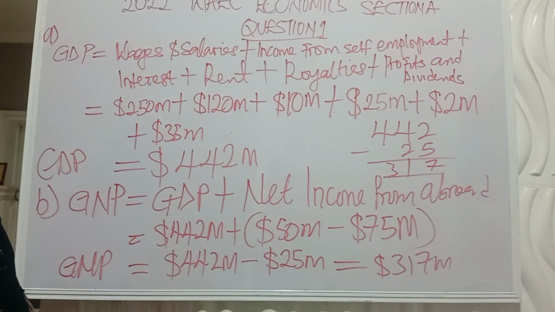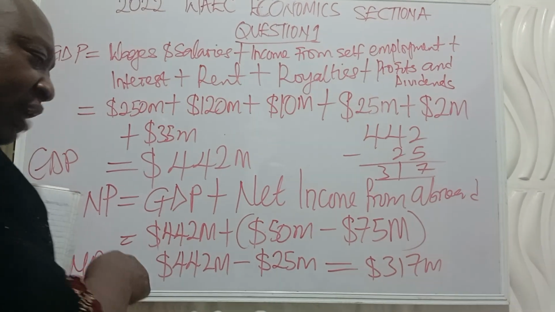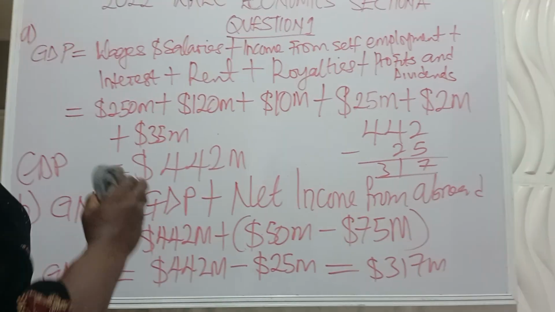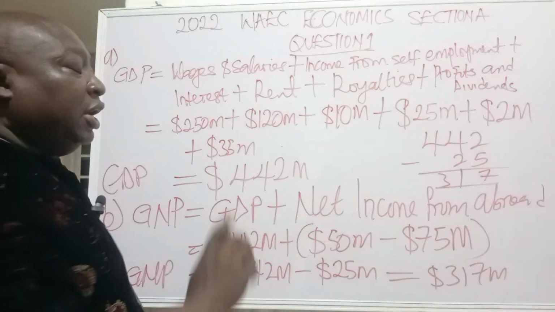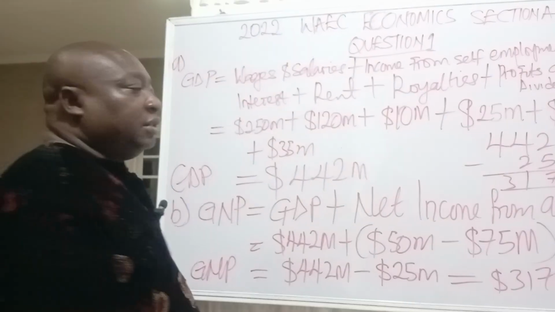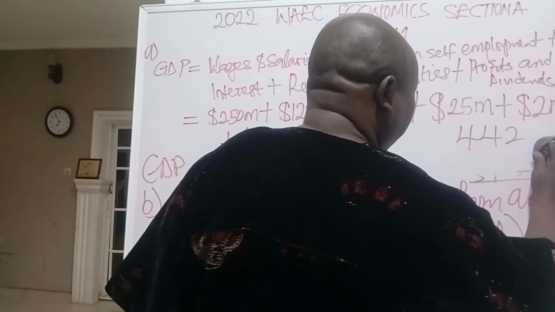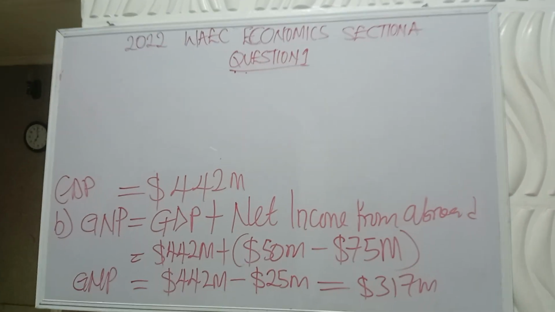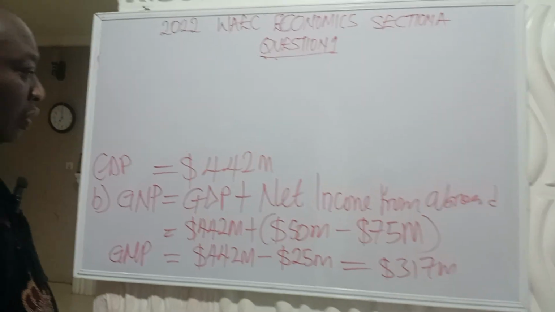Is that clear? Do you have any question? Please drop it in the comments. So this is B. We still have C. We go to the C part now. Yes, let's continue.